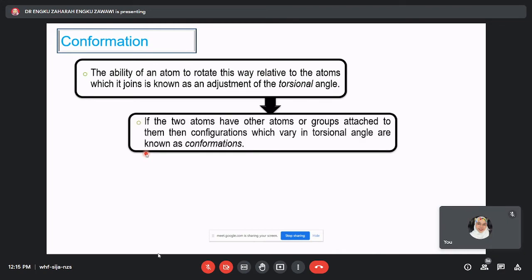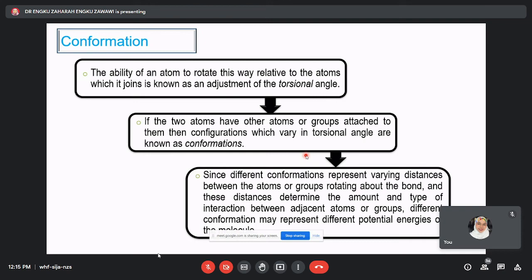So if the two atoms have another atom or group attached to them, then configurations which vary in torsional angle are known as the conformation. So since different conformations represent the varying distance between the atoms or groups rotating about the bond, and this distance determines the amount and type of the interaction between the adjacent atoms or groups, different conformations may represent different potential energy lah untuk molecules, polymer molecules.